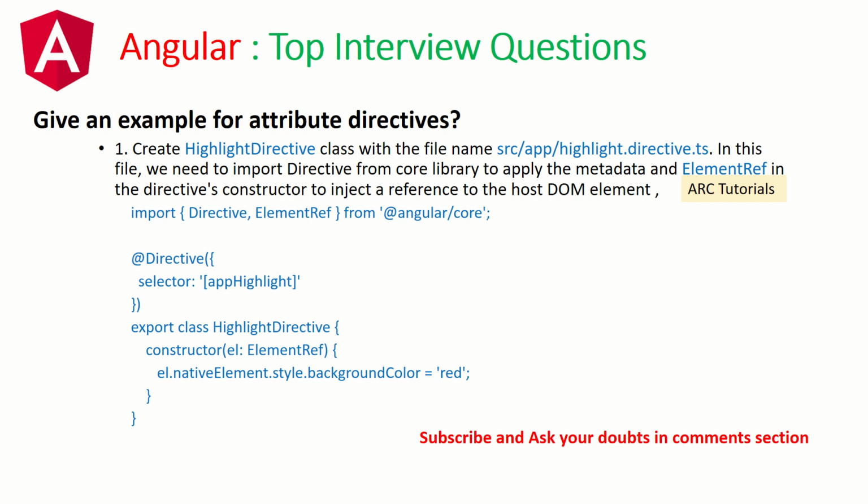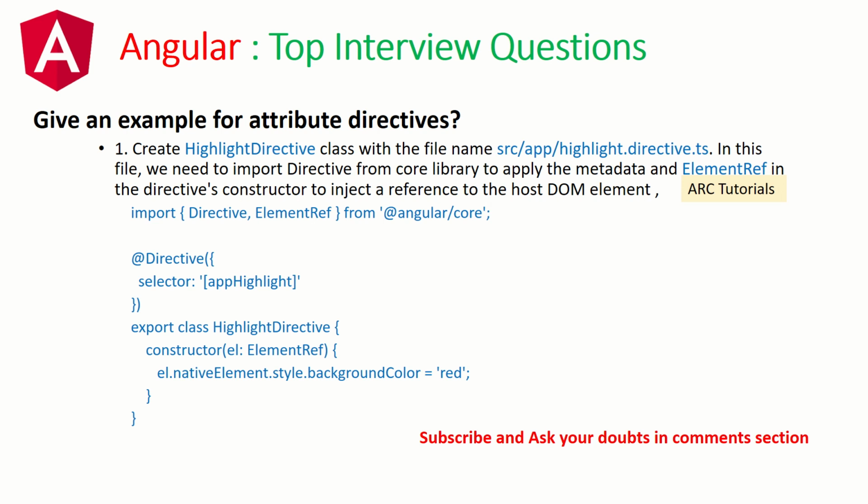So the first step is to create the directive. We can type the command ng generate directive followed by a space and highlight. That is the name I'm giving. It will generate two files. One will be highlight.directive.ts. That is the file we are referencing here.